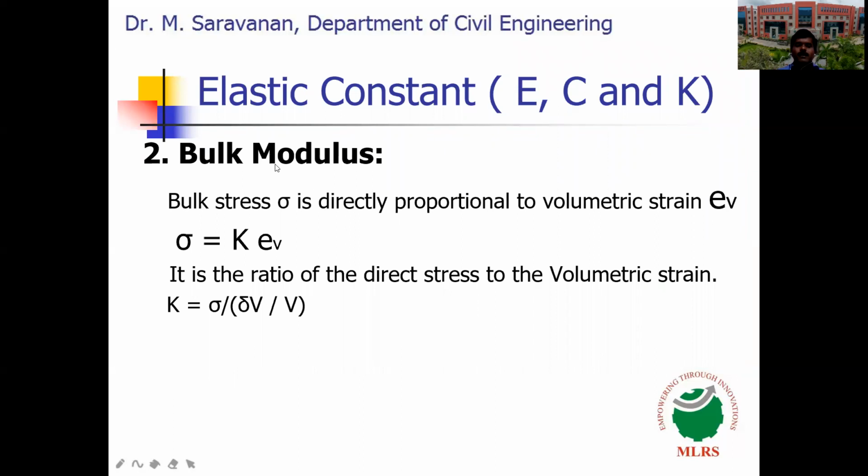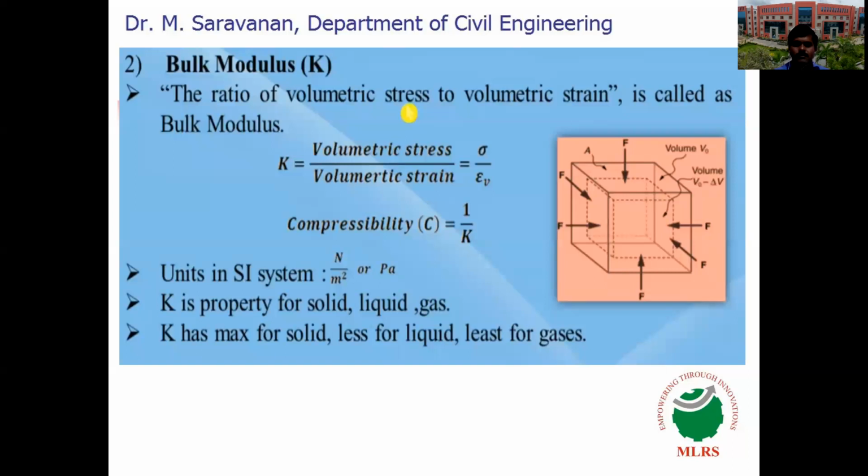And bulk modulus: the bulk stress sigma is directly proportional to the volumetric strain. So the sigma is equated to the strain by introducing the constant known as bulk modulus, capital K. The ratio of the direct stress to the volumetric strain is known as bulk modulus. The direct stress sigma divided by the volumetric strain, which is delta V by V, is called the bulk modulus K. So 1 by K is equal to compressibility.